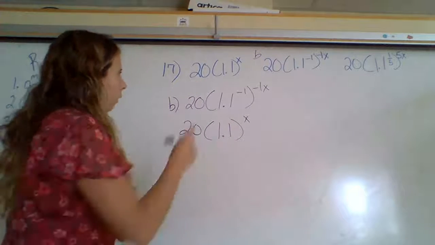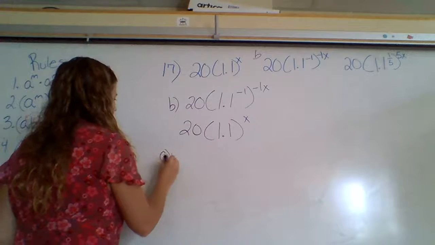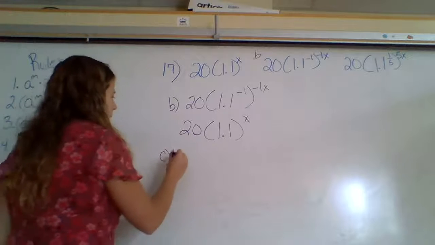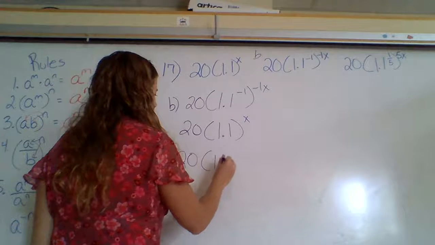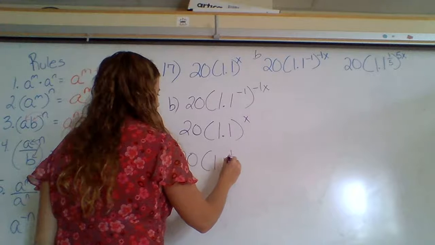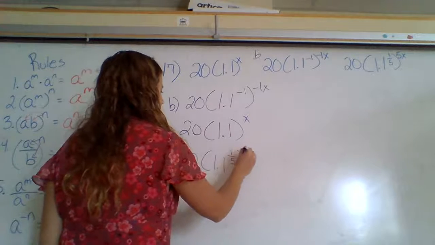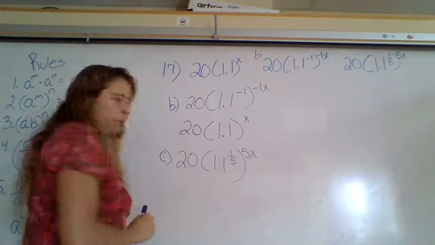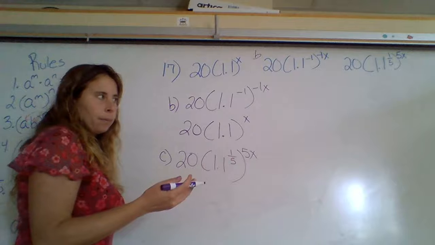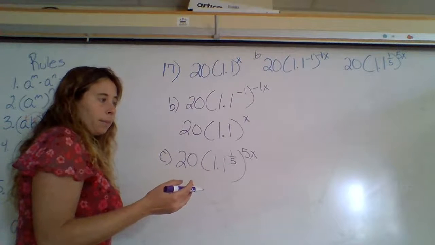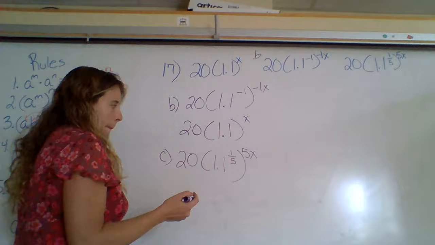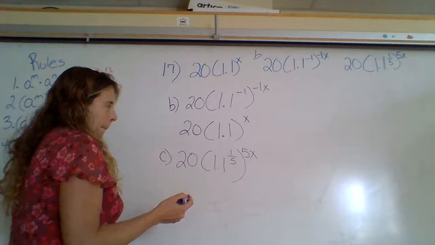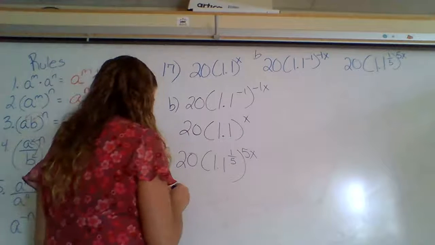Let's see if C matches. So that's 20, 1.1 to the 1/5 to the 5x. All right. Try it yourself. All right, once again, you're using the second exponent rule.